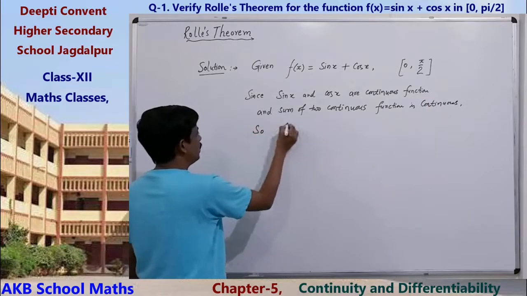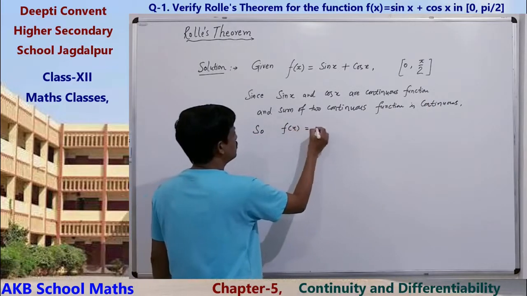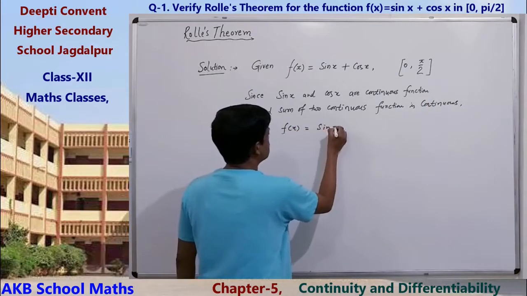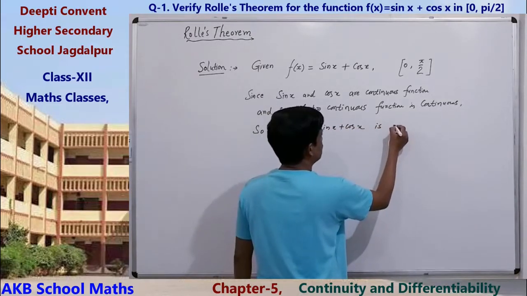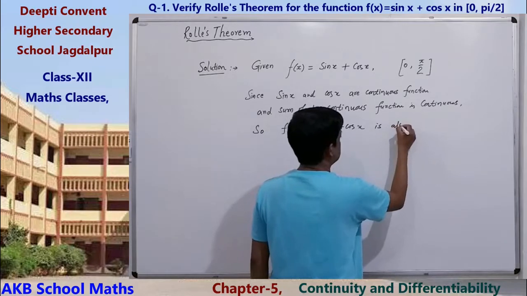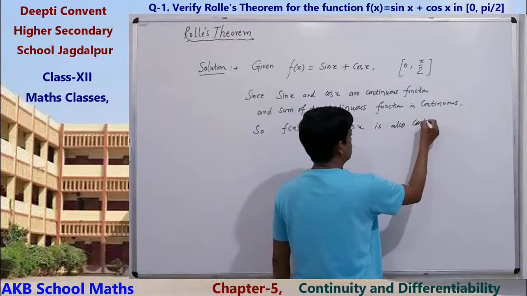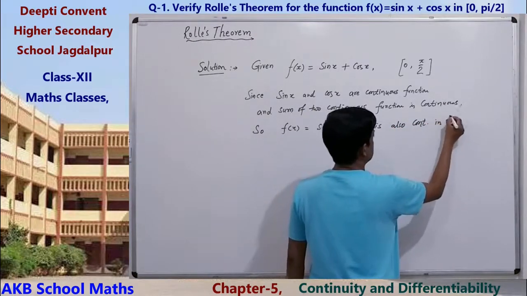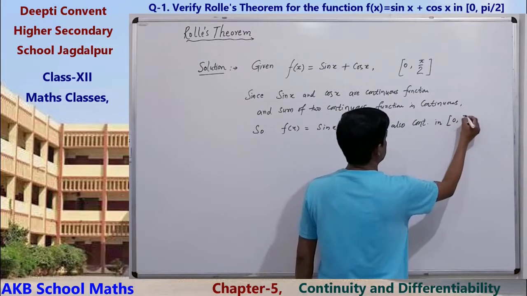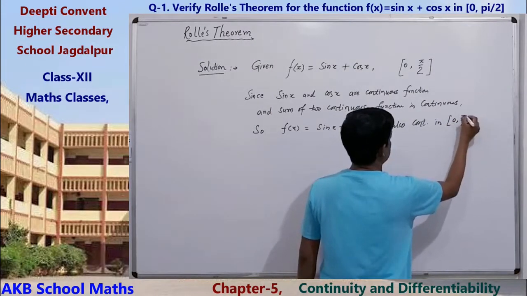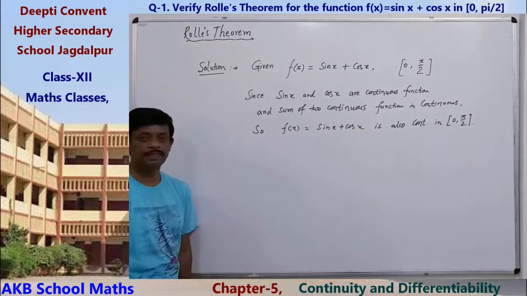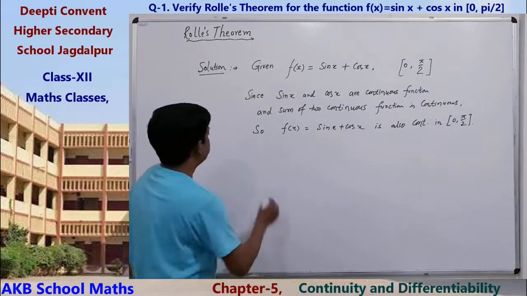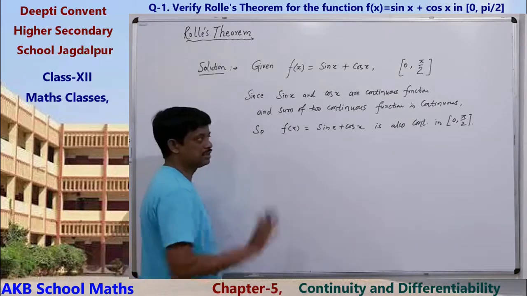So f(x) equals sin x plus cos x is also continuous in the closed interval 0 to pi by 2. Clear? So the first condition is satisfied.